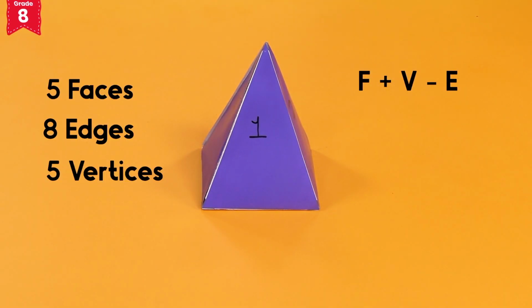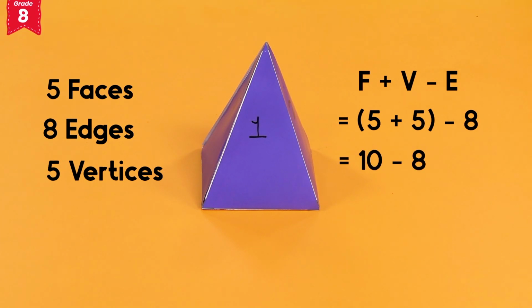F plus V minus E is equal to 5 plus 5 minus 8, which is equal to 10 minus 8, that is 2. As the difference is equal to 2, the formula is also true for square pyramid.